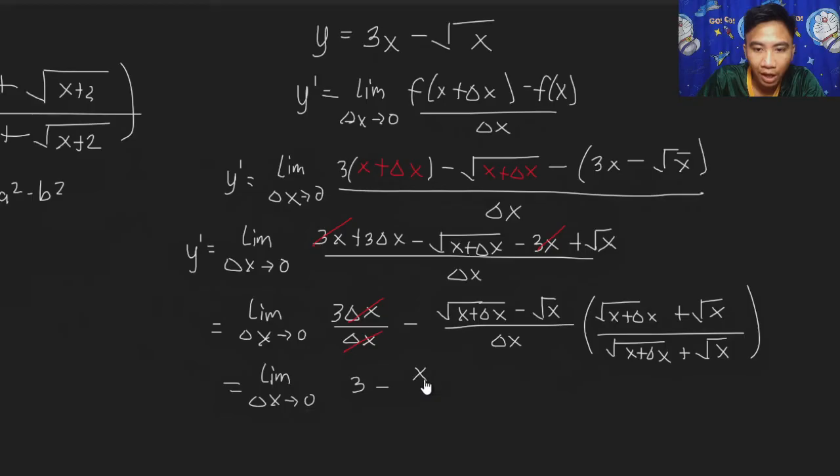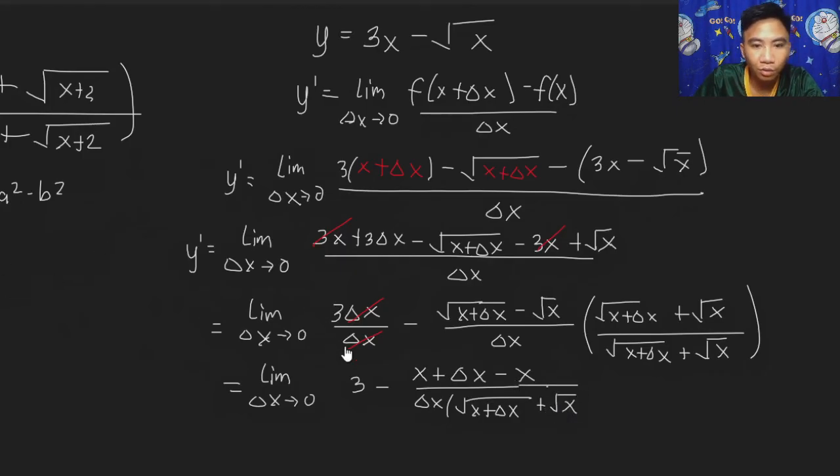So, we will now have x plus delta x, negative, yan, magiging negative x all over delta x times the square root of x plus delta x plus the square root of x. Ayan. So, pwede na natin itong i-cancel. At itong delta x, cancel. But we still have 1 at the top.